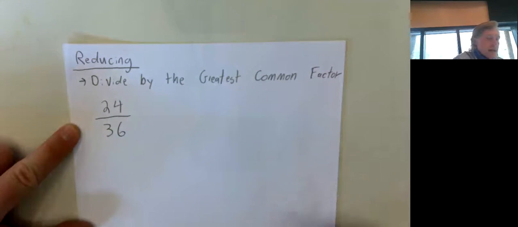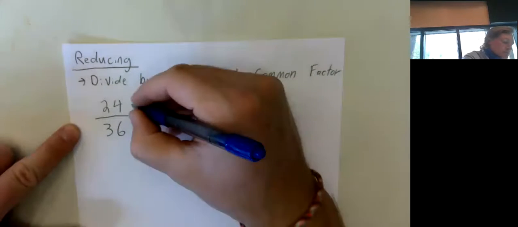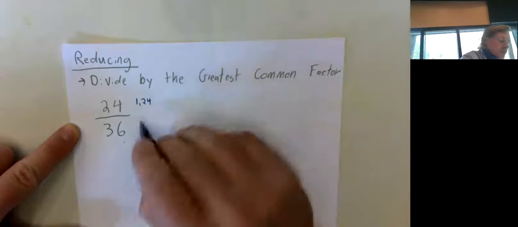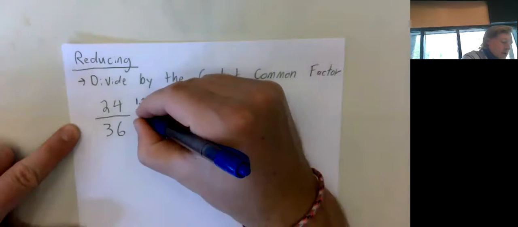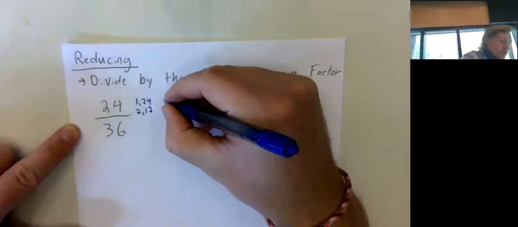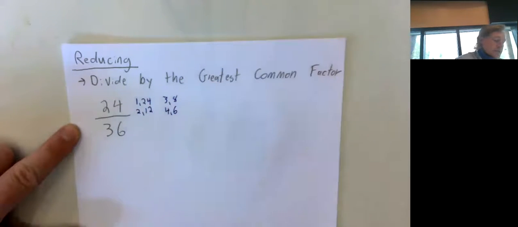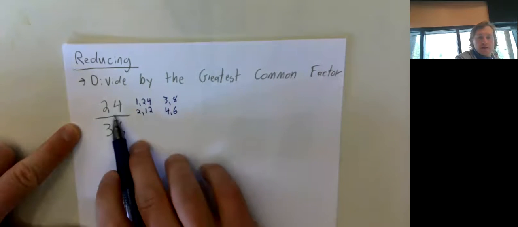And just to make it really obvious and take the extra moment, I'm going to write out all of the factors of 24. So 1 times 24 is 24, 2 times 12 is 24, 3 times 8 is 24, and 4 times 6 is 24. Those are all the factors. All those numbers are divisible.